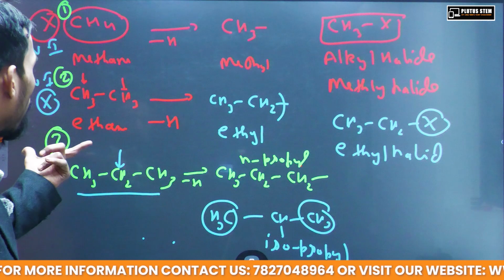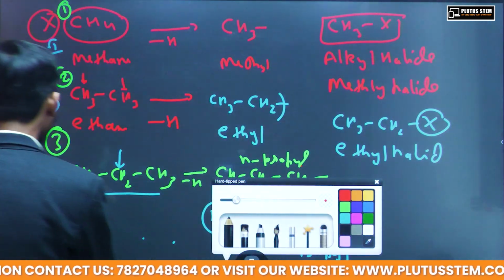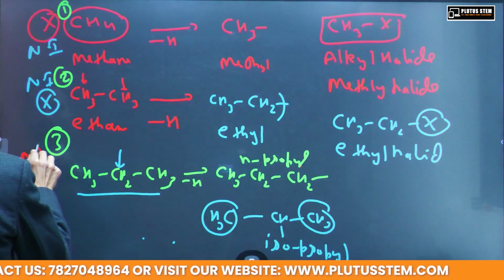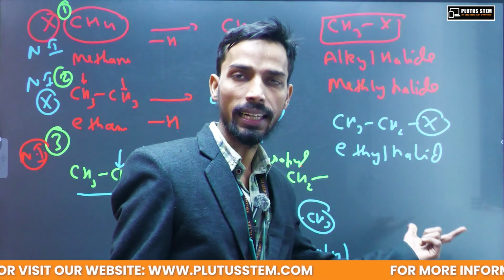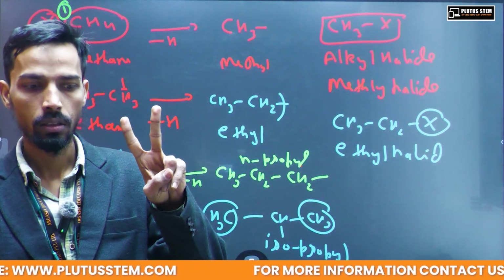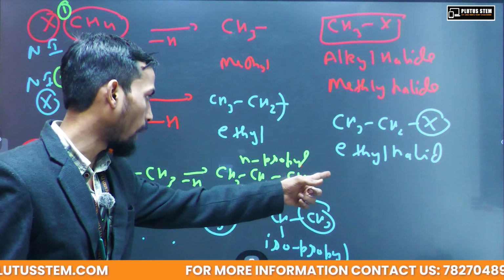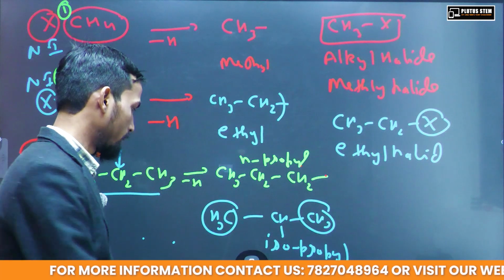So due to these different hydrogens, propane has no isomers, but when we talk about the alkyl halide, we will see two isomers: one when the halogen is attached at this side, another when the halogen is attached at this side.